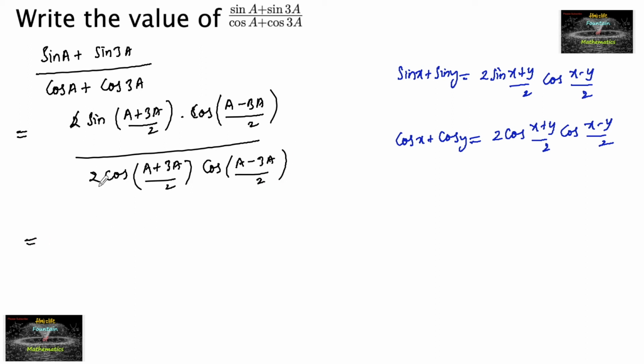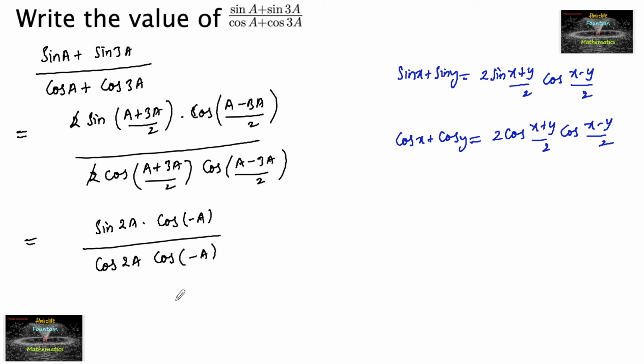So which equals to, 2 and 2 get cancelled, sin of (a + 3a), that is 4a upon 2, that is 2a, into cos of (a - 3a), that is -2a upon 2, that is -a, upon cos of 4a upon 2, that is 2a, into cos of -a. Cos of -a, same we can cancel, and hence we have sin 2a by cos 2a is equal to tan 2a. So we can give the answer tan 2a.